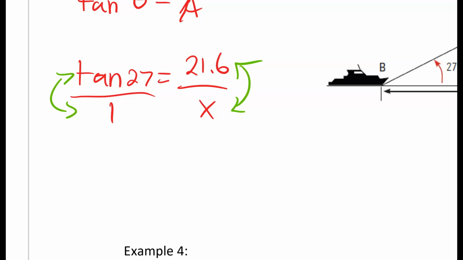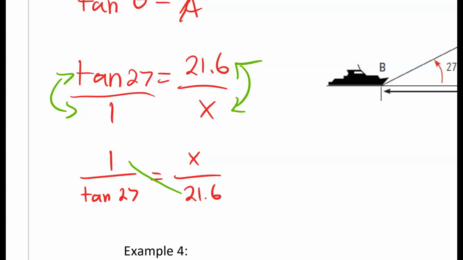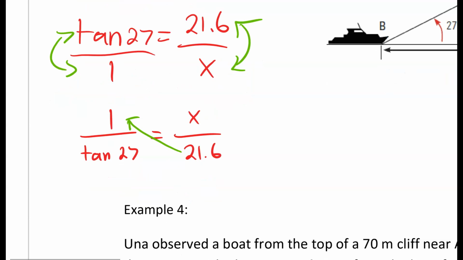So we want to flip these over, and what we'll get is 1 over tan 27 is equal to x over 21.6. Now this multiplies up, and you're going to have 21.6 divided by tan 27 is equal to x.